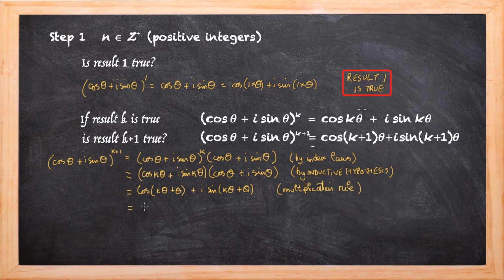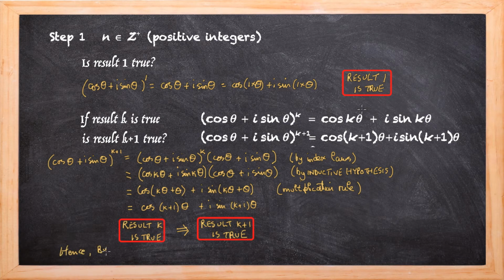And of course k theta plus theta, that's k plus 1 lots of theta. And there we have it. Cos theta plus i sin theta to the power k plus 1, that index k plus 1 now becomes a factor k plus 1 in the argument. So if we pretend result k is true, then we've shown that result k plus 1 is true.